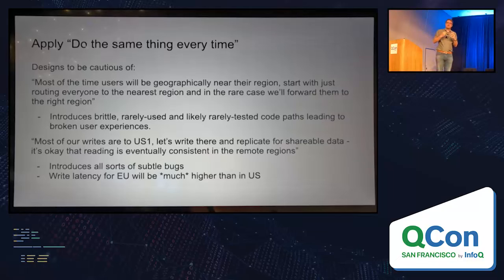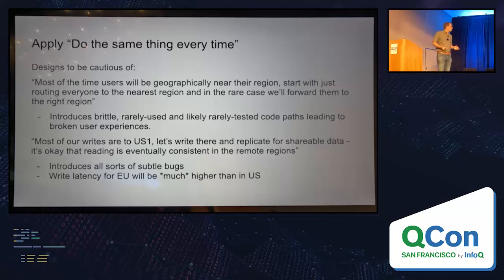Because to have your QA do that, they need to set up an account for the other region, so first off, you have to have region architecture stuff for them to test on. So these brittle, rarely used code paths, it could be broken, and the 6 customers it impacts, you'll find out in a week that their experience is degraded, and now you've got to go debug it. It's brittle, it's rarely used, try to avoid that.